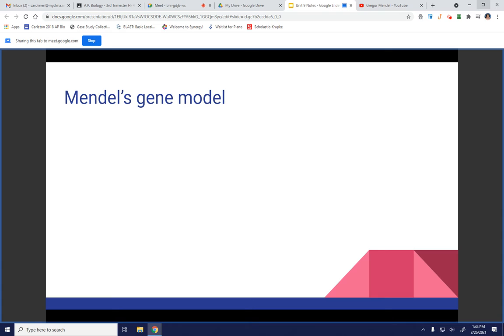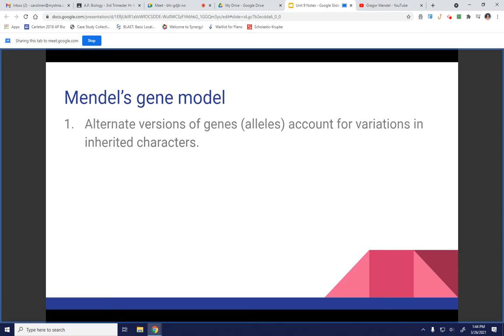So this is the model that he came up with to explain the patterns that he saw. First of all, he realized that there had to be something that was carrying information from parents to offspring. He called that a gene, and he realized that there were different variations of those genes. We call those different versions of genes alleles. And those account for variation in inherited characters.